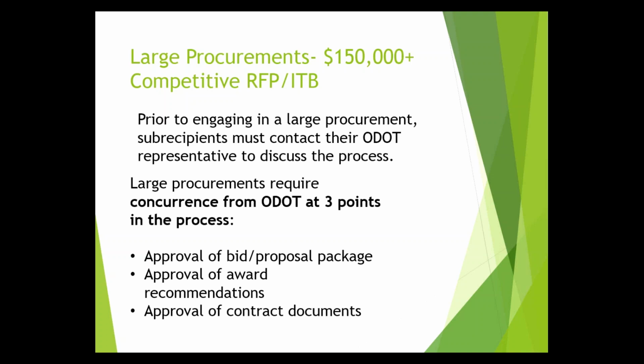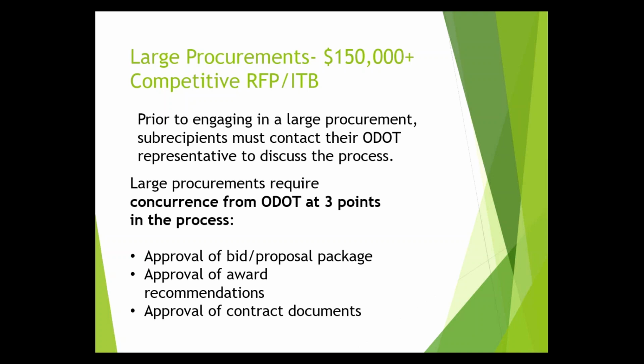Once you've received your proposals back and you've reviewed them and gone through whatever criteria you're using to base your award on, you'll again contact ODOT for concurrence and say we've chosen this vendor and here's what we based it on.